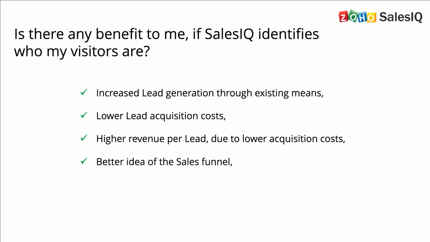And not only does Sales IQ show you who the person is, the name and their email, it also tells you what they did on the website. So, for example, you send out a newsletter that promises a 10% discount on certain products if they are purchased together.